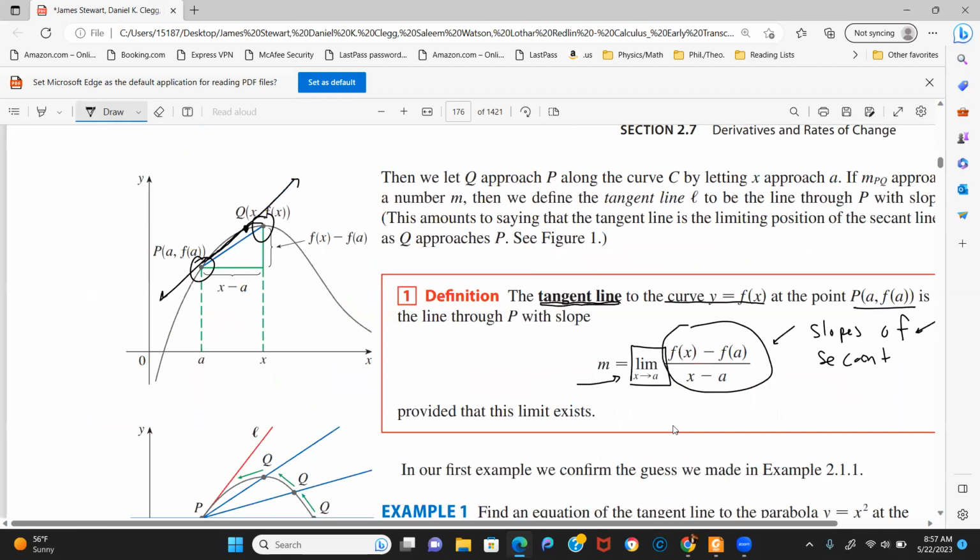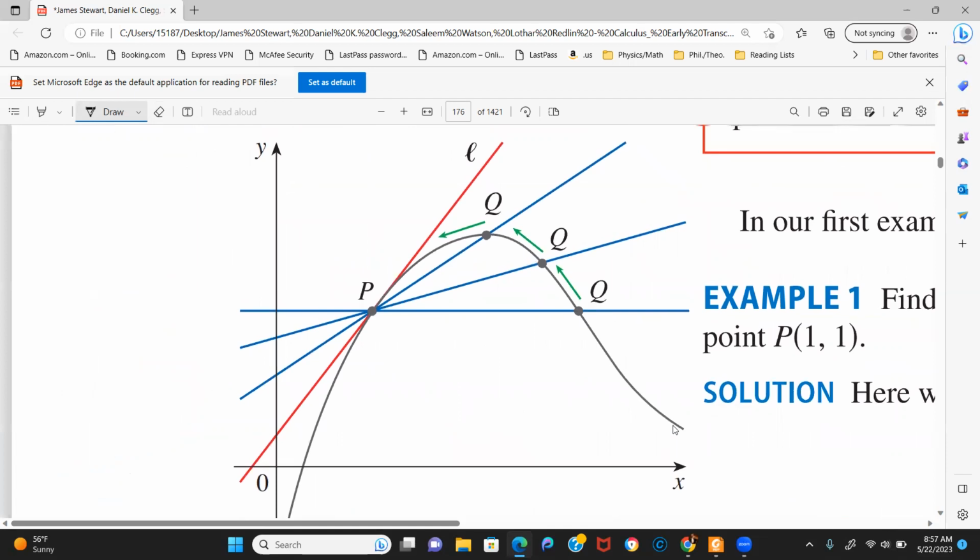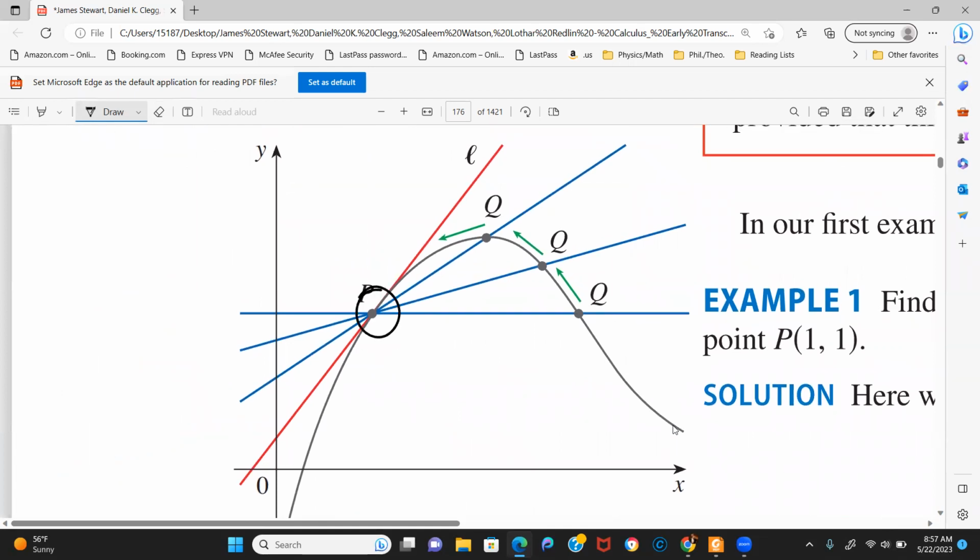And you can see right here a graph illustrating what's going on. You have this initial point that you consider, and the point Q, which starts here, is like a variable point, a point nearby, and you just keep sliding it along. These blue lines are all secant lines whose slopes you can compute, and the red line right here is the tangent line, and the slopes of these secant lines are approaching the slope of that tangent line.